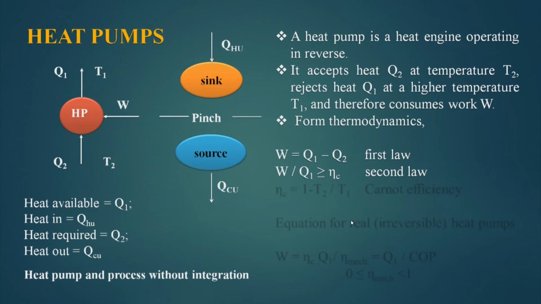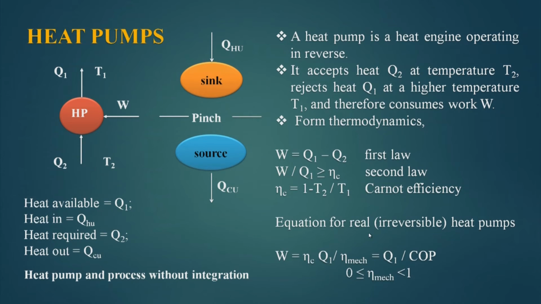Second law, W by Q1 is greater or equal to ηC, ηC is 1 minus T2 by T1, and the equation for a reversible heat pump is this, where η mechanical efficiency is between 0 and 1. There is a concept of COP here.